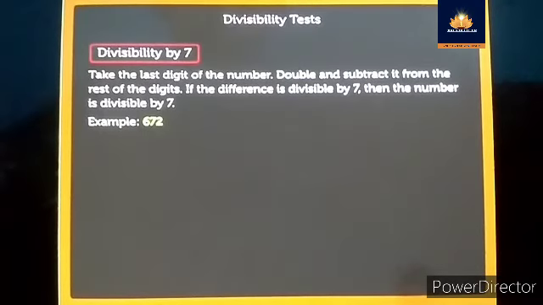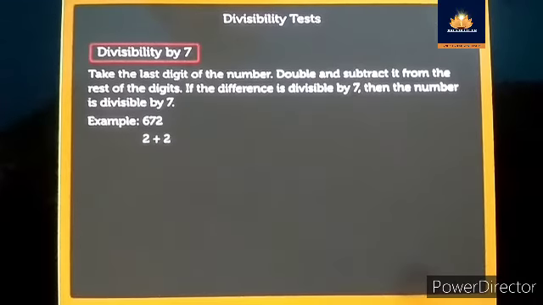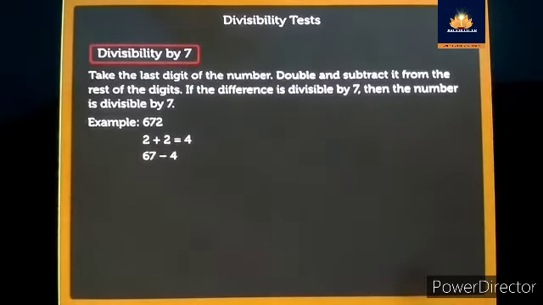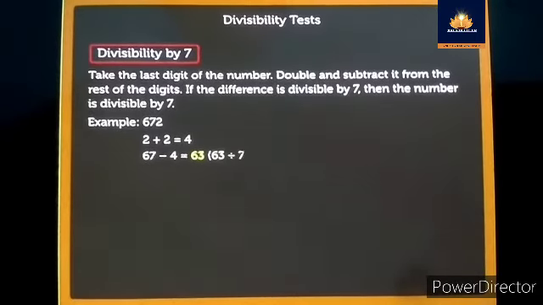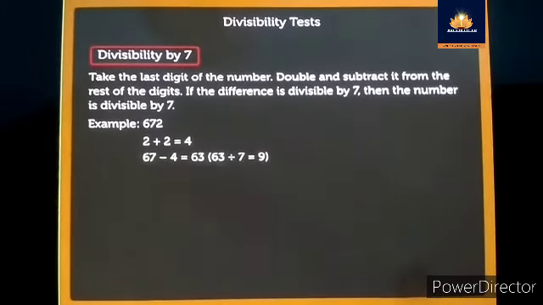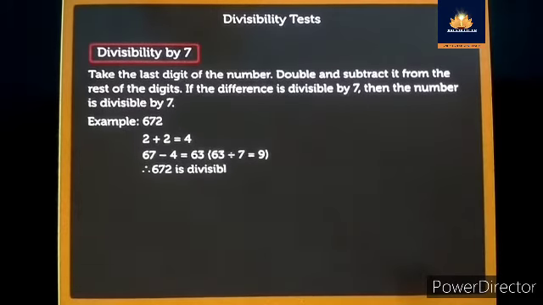Firstly, double the last digit 2, that is 2 plus 2 is equal to 4. Now subtract it from 67. So we get 63. Here the number 63 is divisible by 7. Thus we say that 672 is divisible by 7.